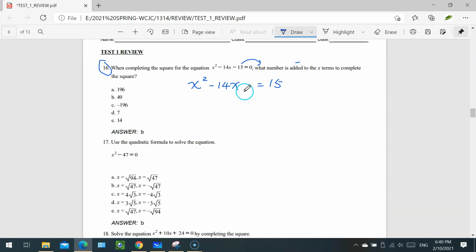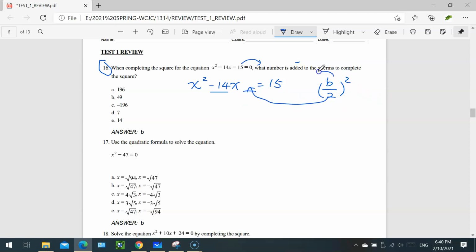Now we are going to create a term so that we can make the first three terms a perfect square binomial. So this number is coming from your b value divided by 2. Remember that? b divided by 2, and then we take the square to fill in here.